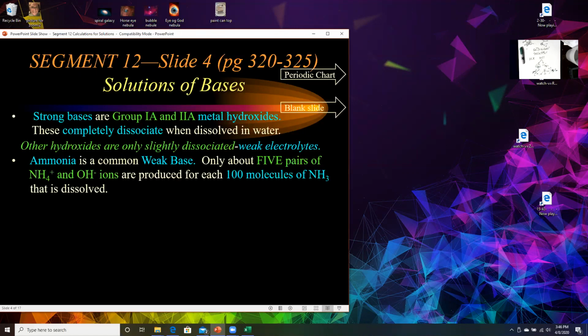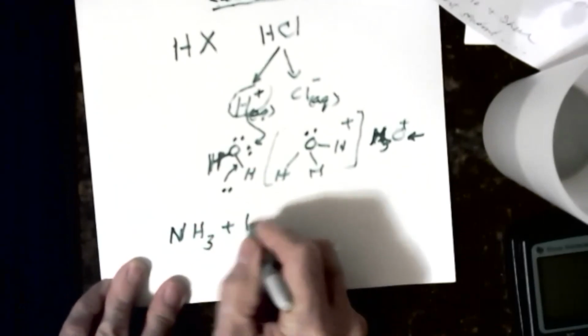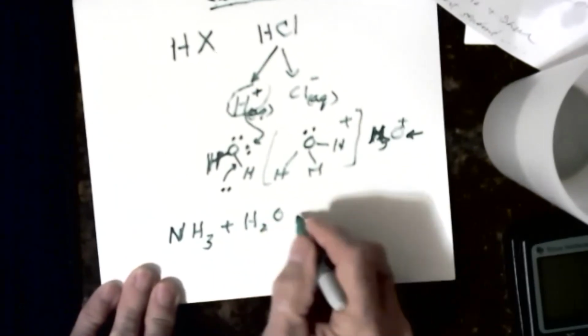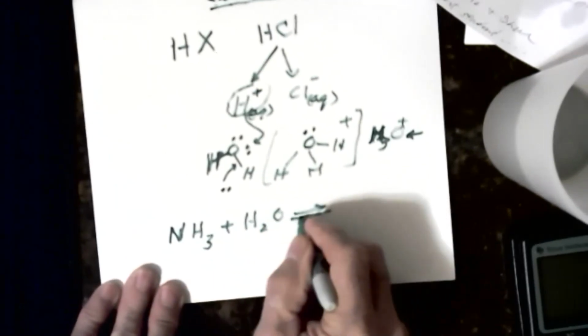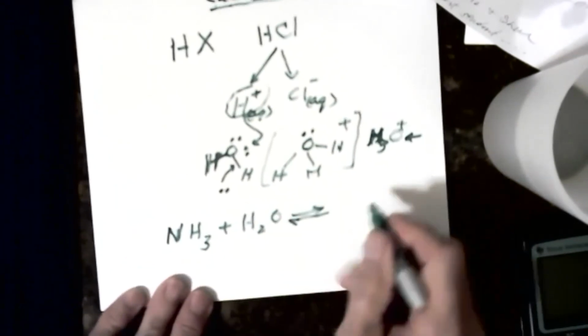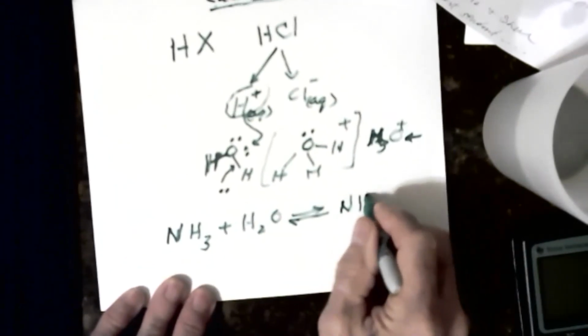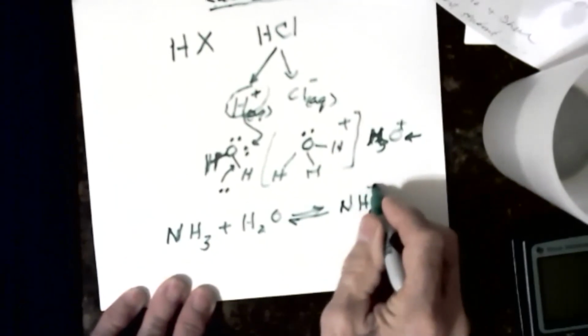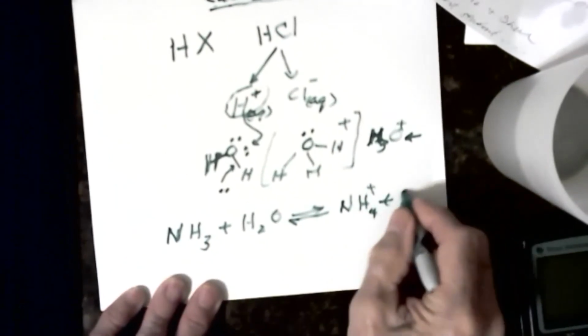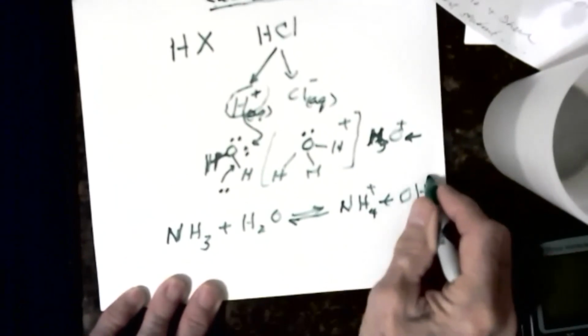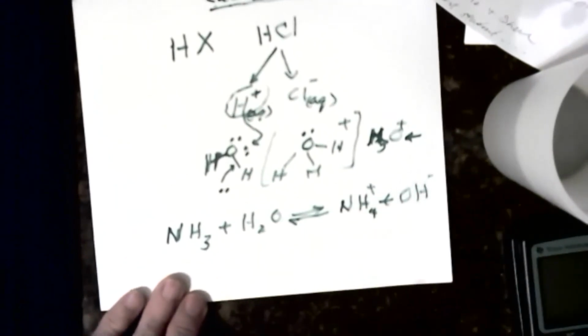So NH3 and H2O. I'm going to do a double arrow here because it could actually go either way, making NH4+ and OH-. And of course, all these things would be aqueous.